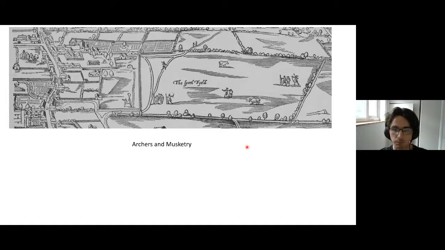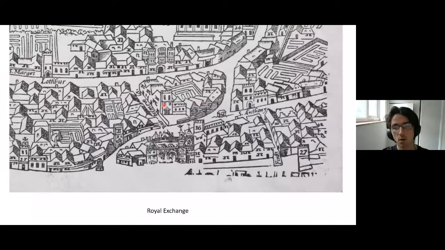You may notice this section here looks a little different from the rest. The hatching is slightly different. It's a slightly different colour. Well, this is a later insertion, and this is the Royal Exchange, which opened after this map was surveyed. The Royal Exchange was the work of Sir Thomas Gresham, and it's a very important milestone in London's commercial and economic history.